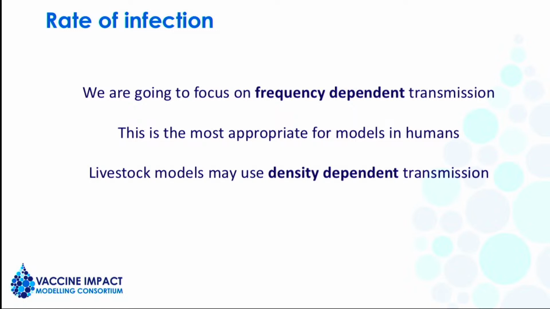And in fact, when you look at transmission, it's frequency dependent, but it's very spatially dispersed. So if you model the spatial structure, vaccination is clearly the better intervention than culling. But you wouldn't see that from a simple model that ignores space. So a density-dependent transmission term can be used to approximate the fact you're ignoring space, but that may lead you down the wrong path for what control intervention you should be using.